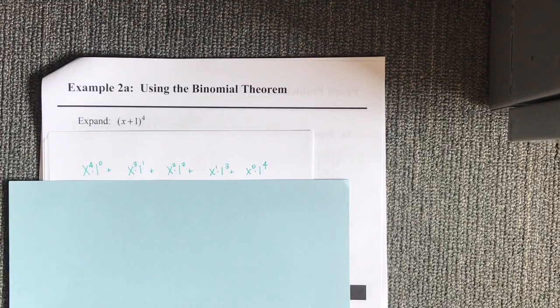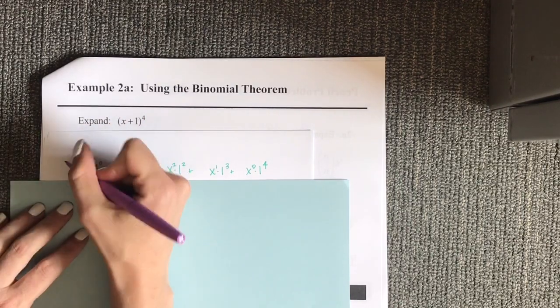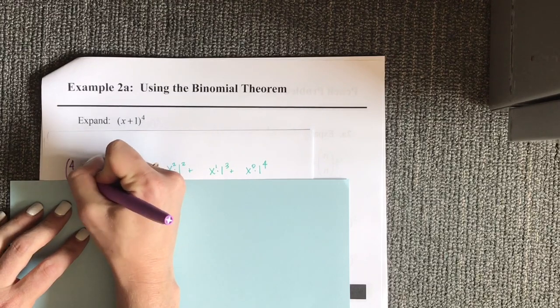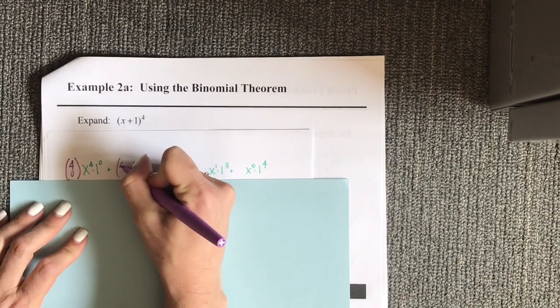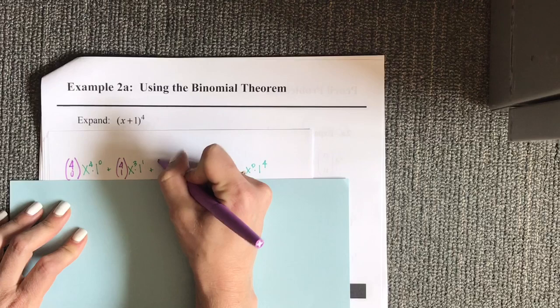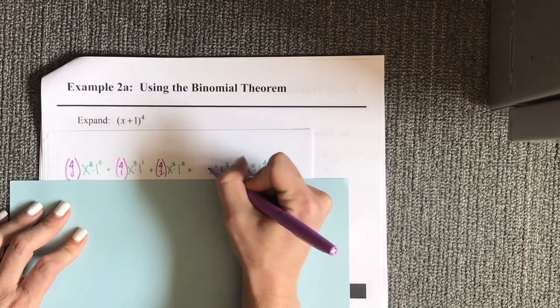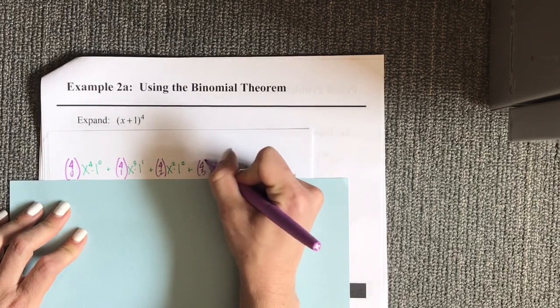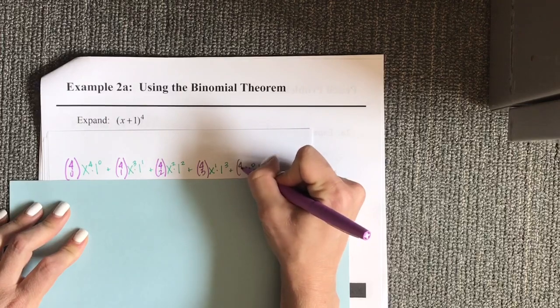Okay, so in order to figure out what these coefficients are, since it's raised to the 4th power, that means we start with 4 above 0, then this one's going to be 4 above 1, 4 above 2, 4 above 3, 4 above 4.